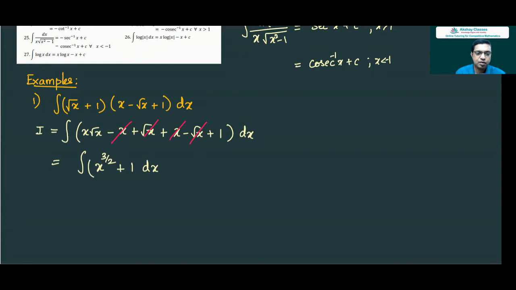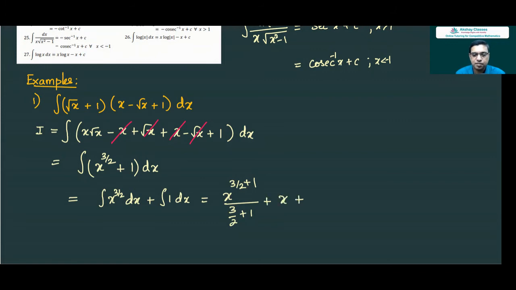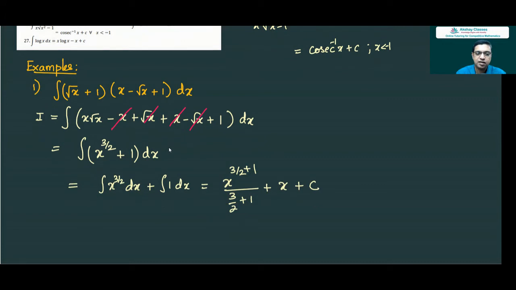Just like the derivative of a sum of two functions is the sum of the derivatives, the integral will also be split into 2. So we get x^(3/2 + 1)/(3/2 + 1) + x + c.